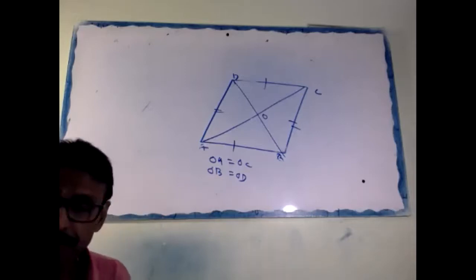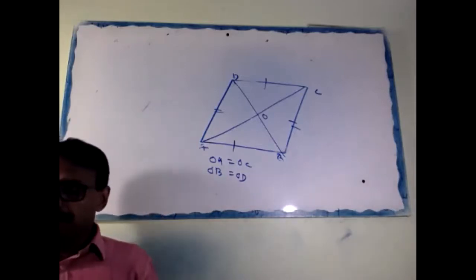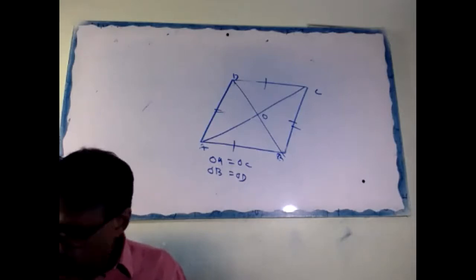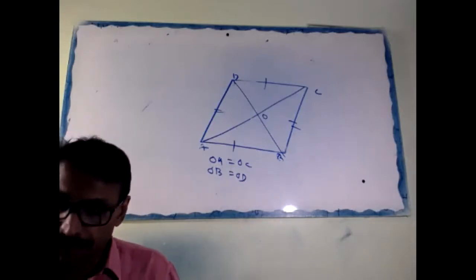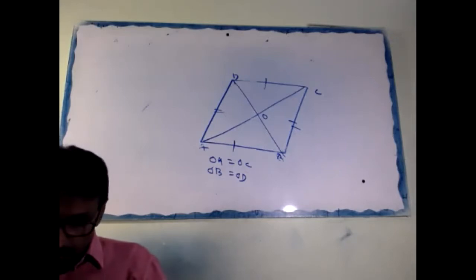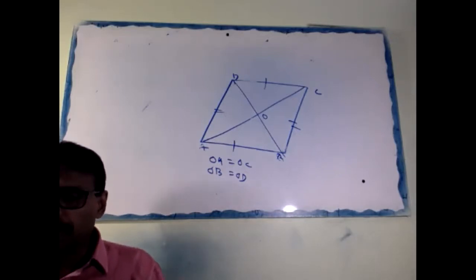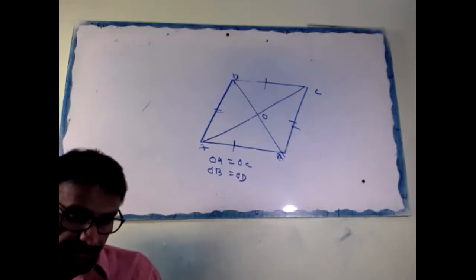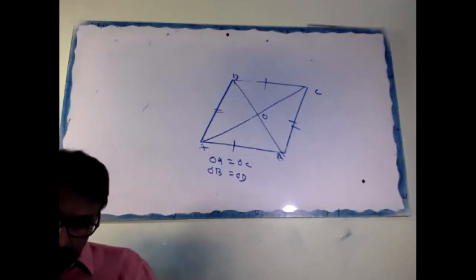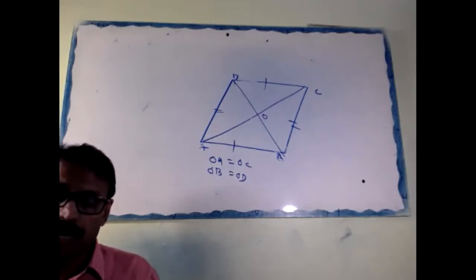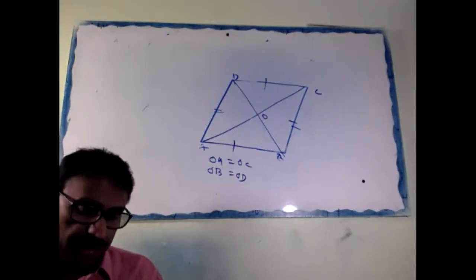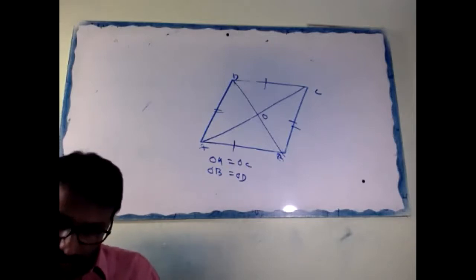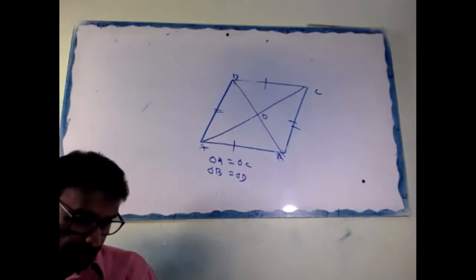In a parallelogram ABCD, angle D is 115.